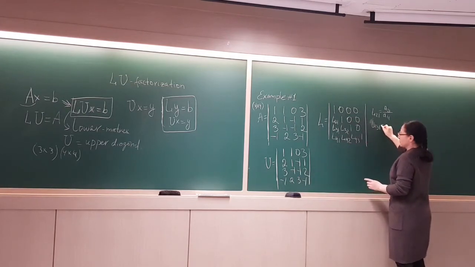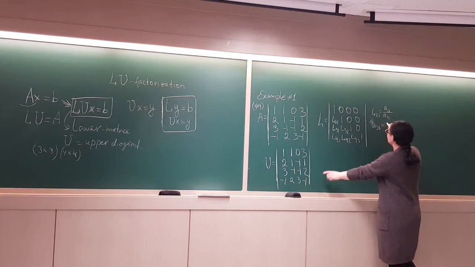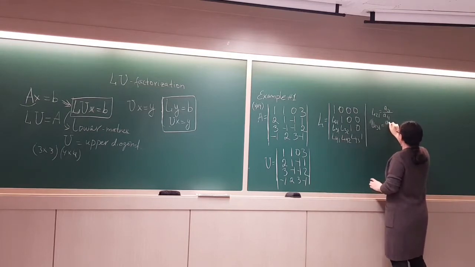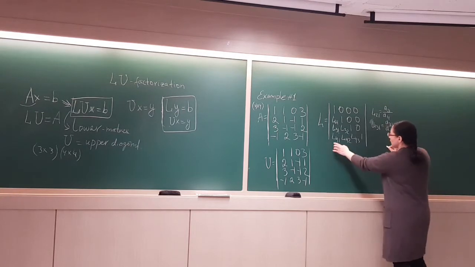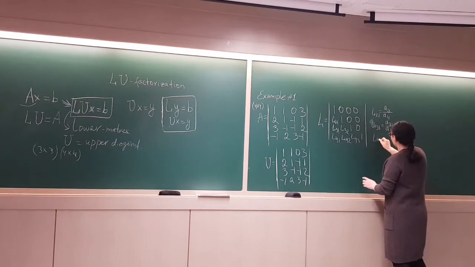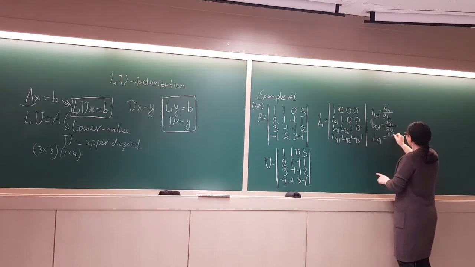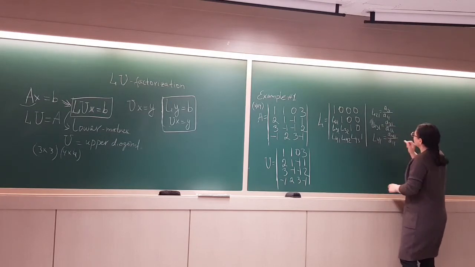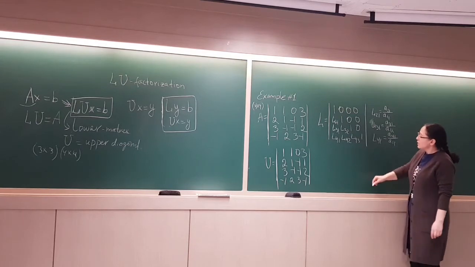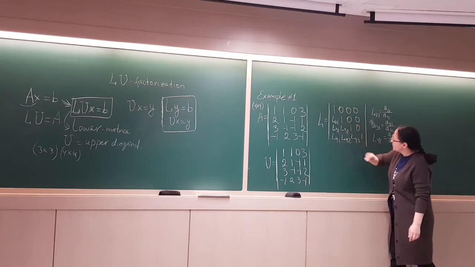L31 is A31 divided by A11. L41 is A41 divided by A11. Now we can find these three, right?